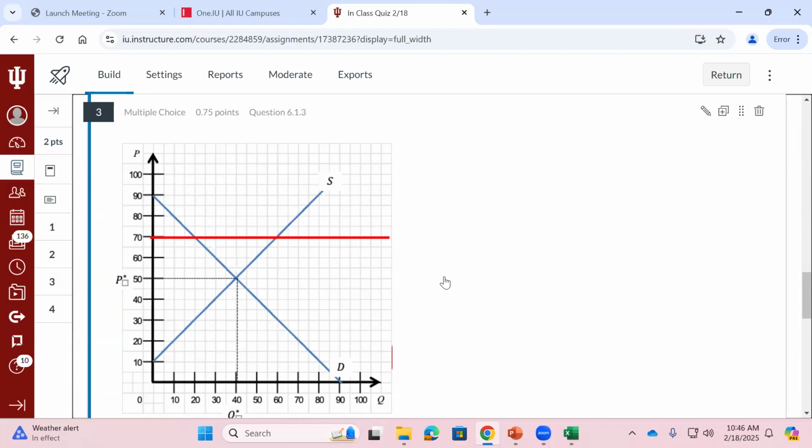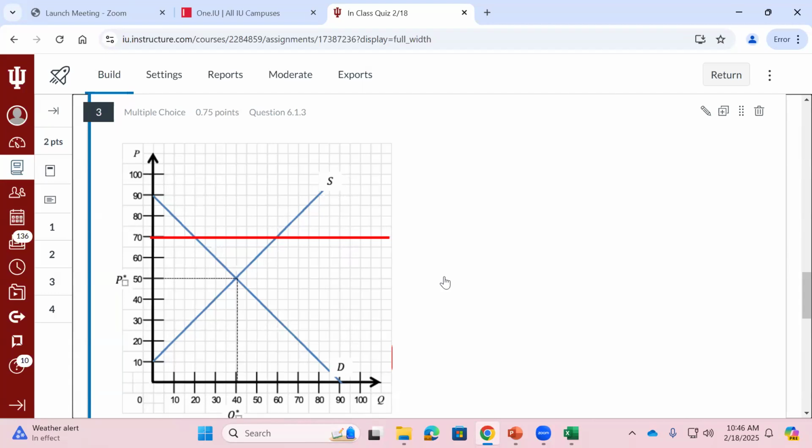But just to make the point, what's happening to consumer surplus? Well, intuitively, if the price is now higher, what should be true? Consumer surplus is the difference between the marginal benefit and the marginal cost to consumers. Their marginal benefit is the demand curve. Their marginal cost is the price.